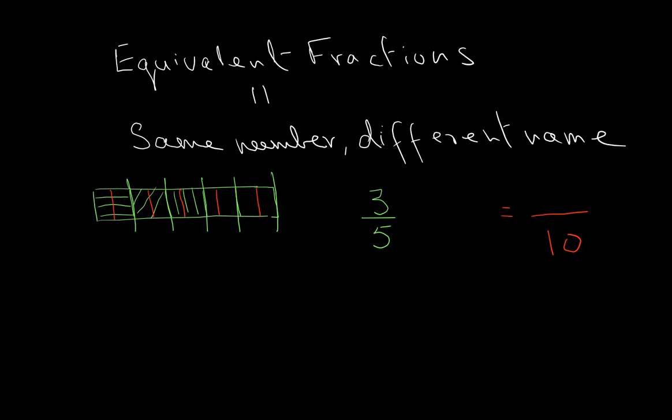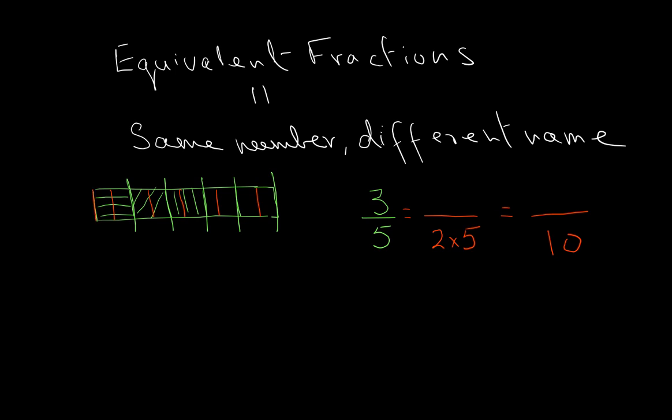So I can say that this is really equal to, because each one of the 5 pieces got broken up, 2 fives that I have. And now remember, I had three chocolate pieces, but those three pieces also got broken down into two pieces each.